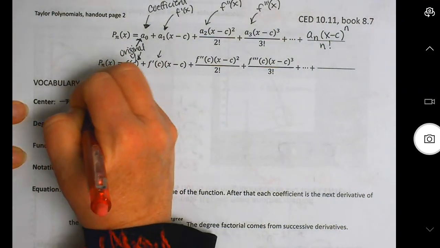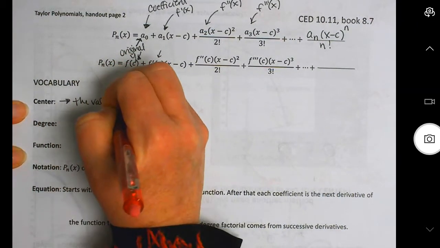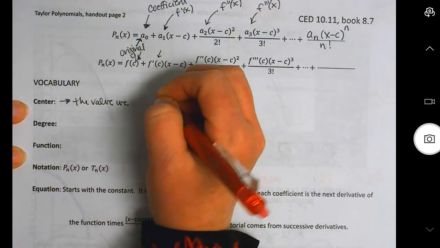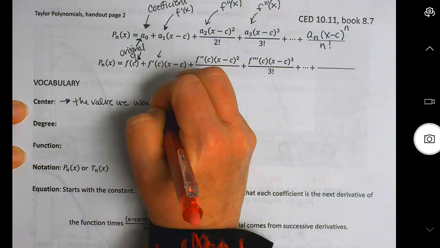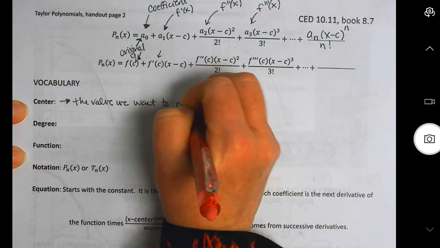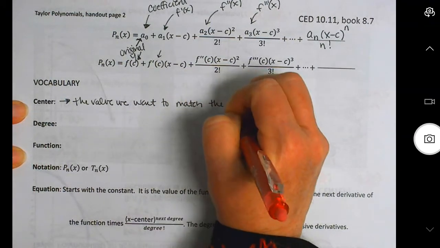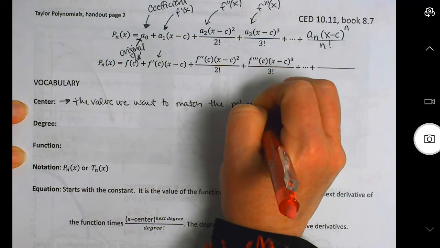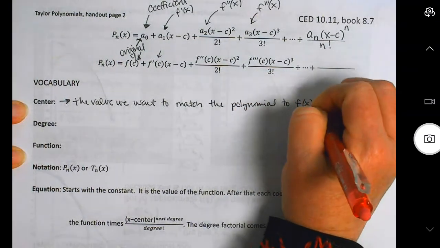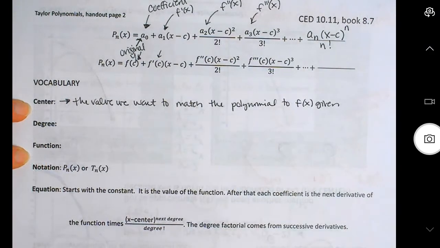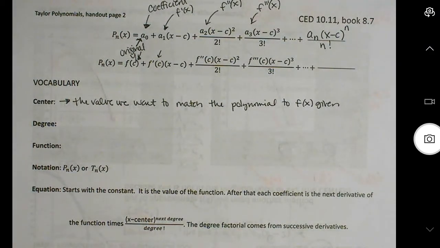So I've got the value we want to match the polynomial to the function given. So the center value.